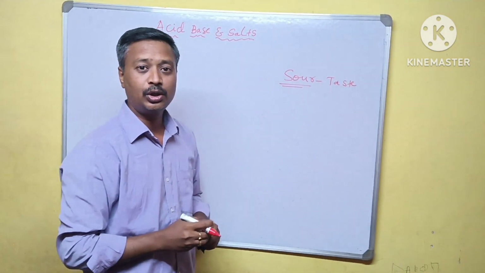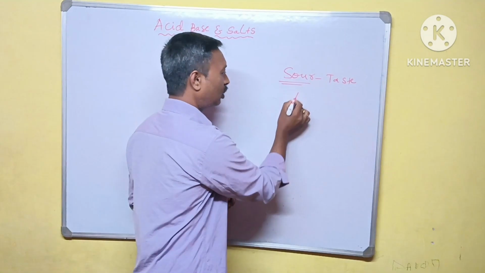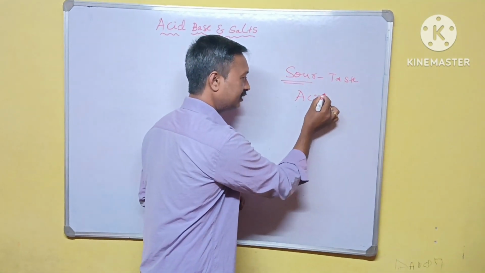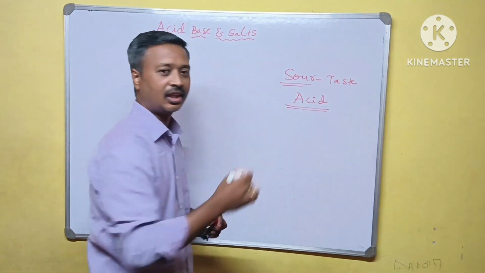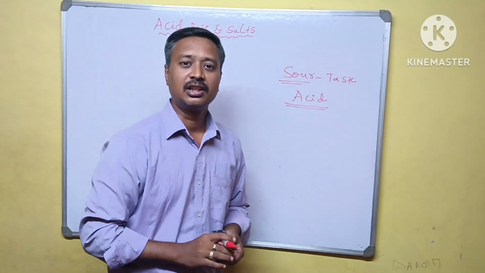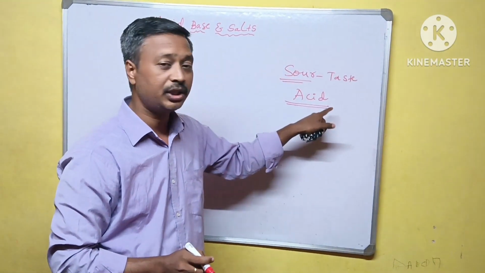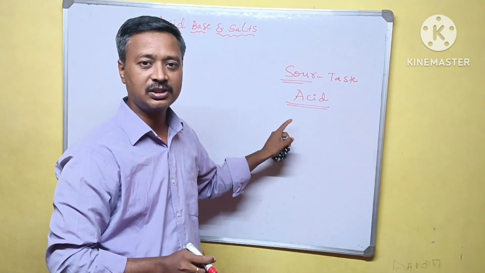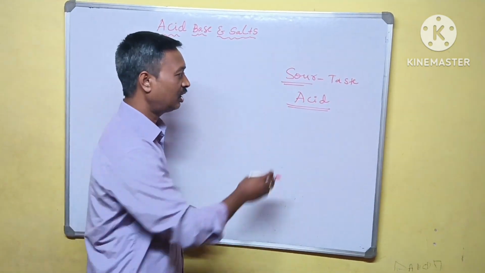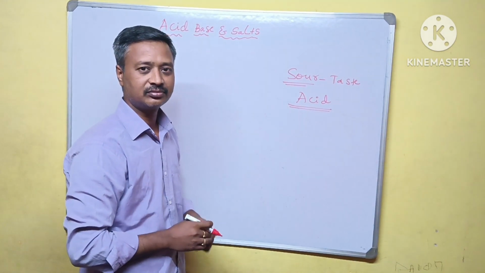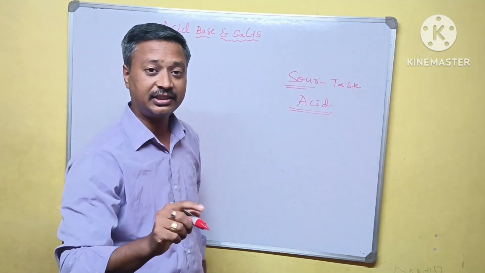Which are sour in taste are called acids. The chemical substances which are sour in taste are called acid. First question understood? What is acid?